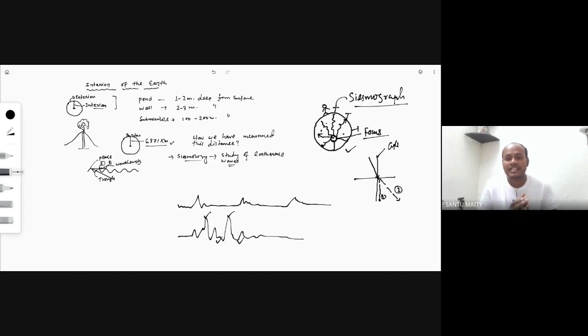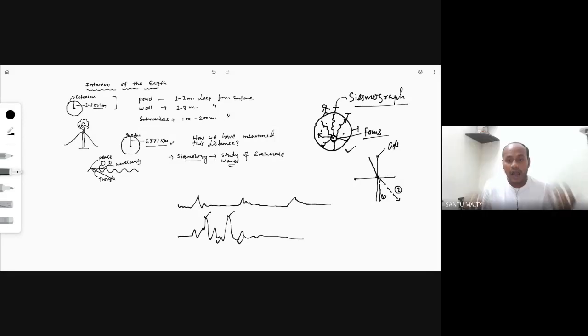After the origin of the earthquake, multiple waves will be generated. The multiple waves travel to the earth's surface, and a human being present at the earth's surface will feel that wave in the form of vibration.